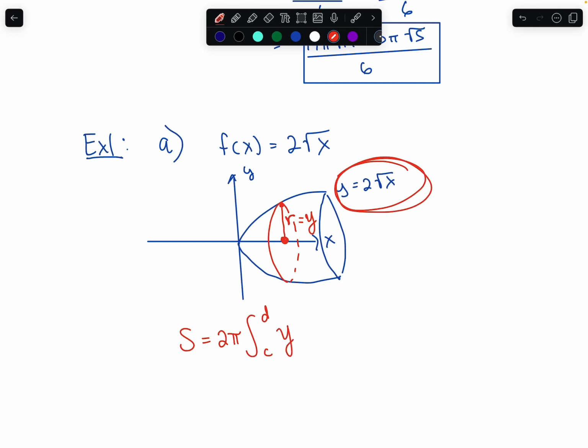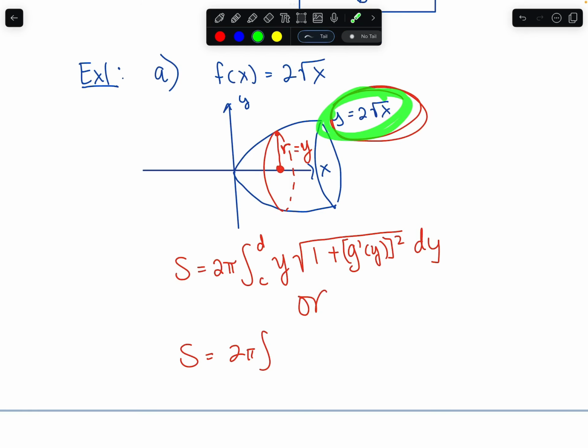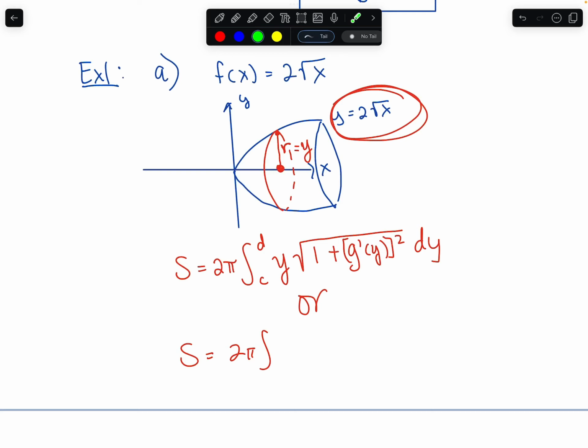If I write y, then everything is going to be in terms of y: square root of 1 plus g prime of y squared, whatever my function is. But everything has to be in terms of dy. Or I can use the left-hand side. Again, these two are equal. So we can either use just y or we can use 2 root x.